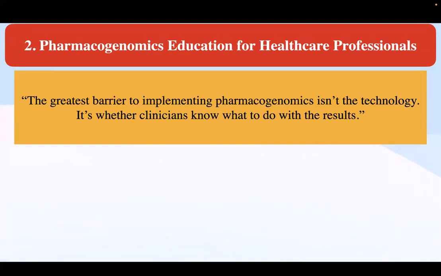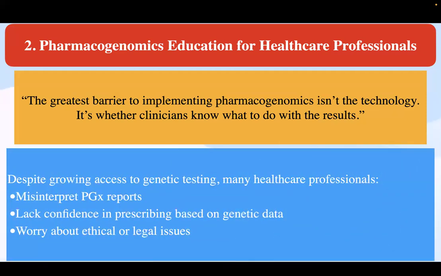So if the genetic test result shows CYP2C19 poor metabolizer, but the person is not aware of the interpretation of the result, what to do? That is the meaning of education, okay. Despite growing access to genetic testing, many healthcare professionals misinterpret pharmacogenomics reports.